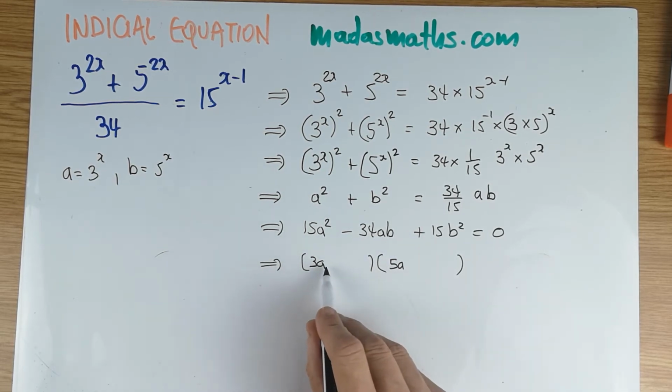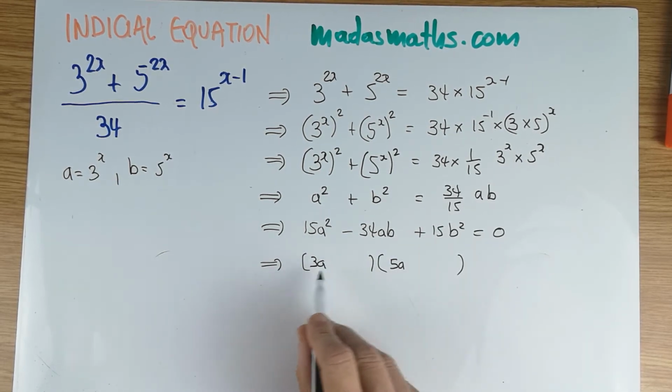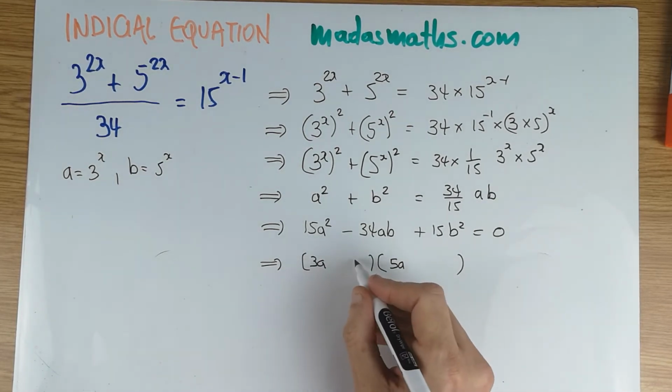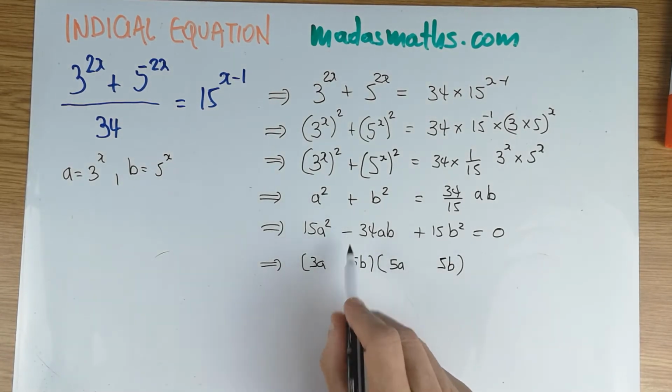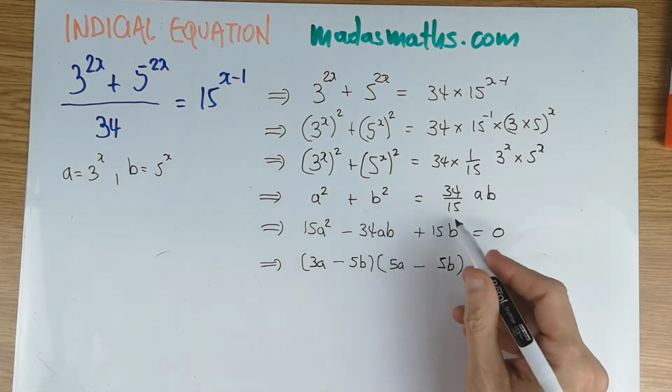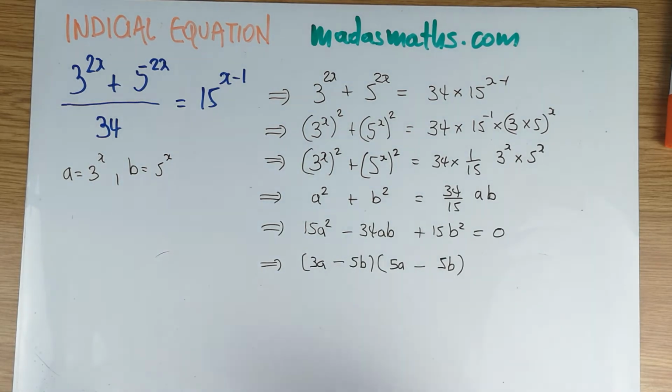Of course, we cannot have a 3b here because that would be a common factor and the whole equation would have had a common factor. So it's probably a 5b and a 3b, and these have to be minuses in order to make this positive and this negative. And let's just check.